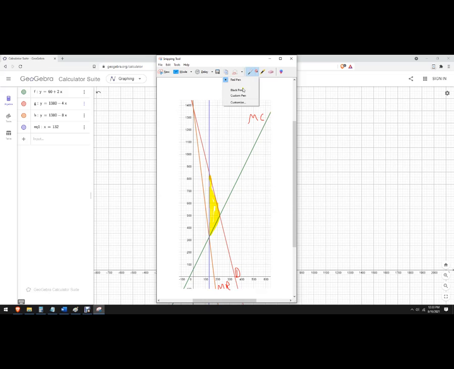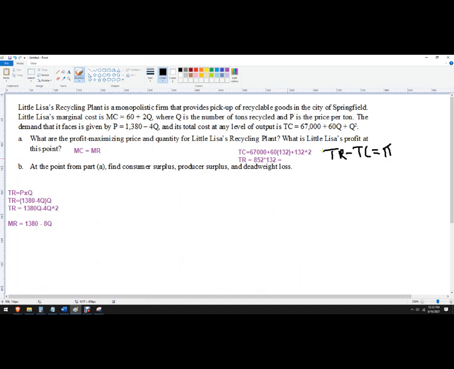The consumer surplus, let's do that with a black pen. It's the difference between demand and the price that they pay. So it's going to be this triangle right here. So consumer surplus goes all the way up to 1380, down to the price, and then over to the quantity. Okay. And then the producer surplus, is that the last thing it asked me? Yep.